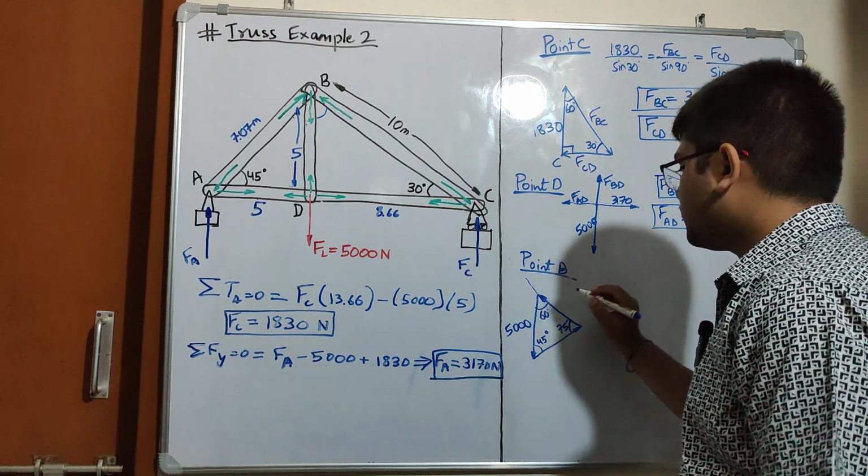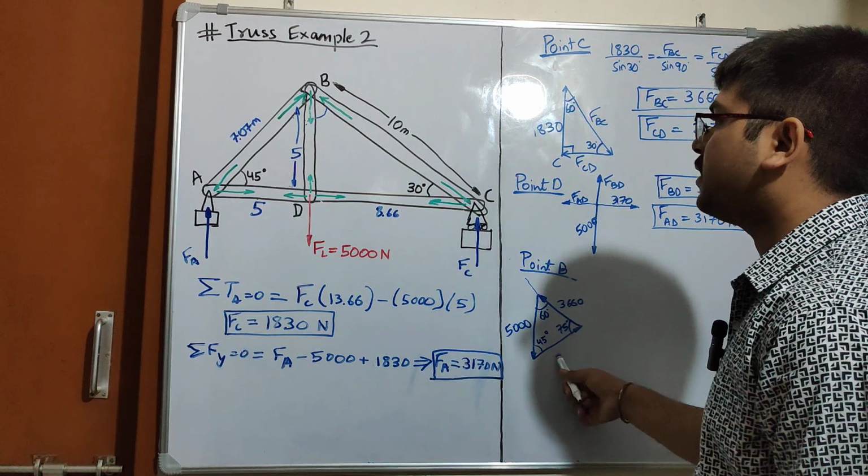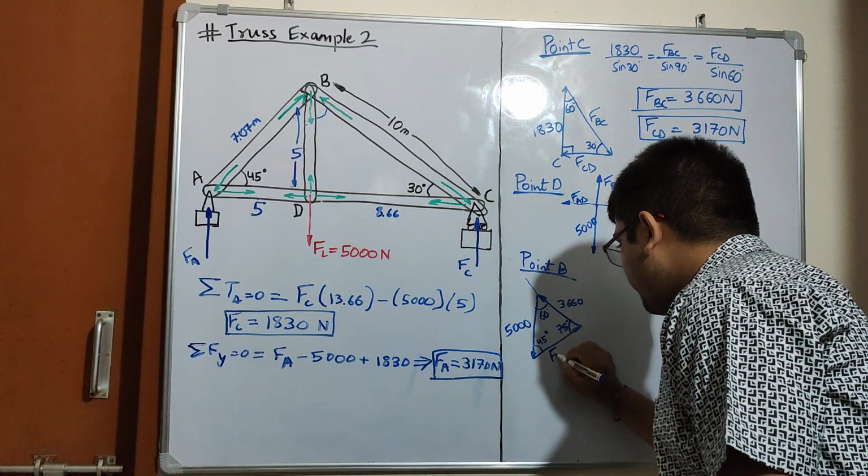We have got FBC, which is equal to 3660, and this one is FAB.